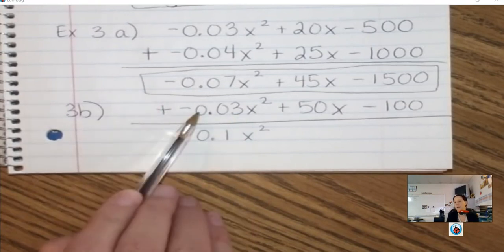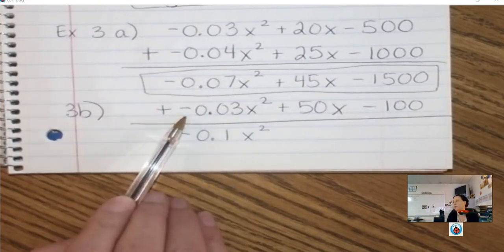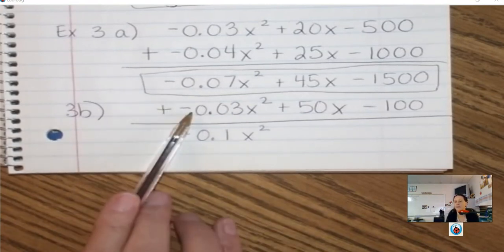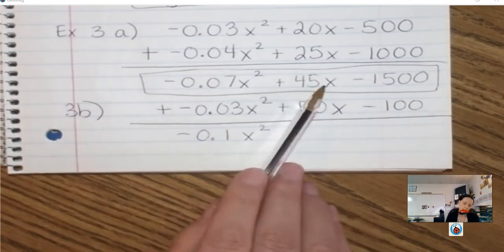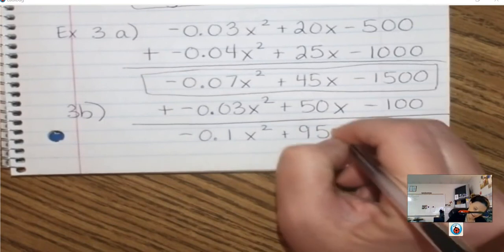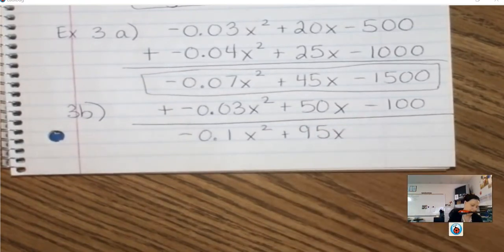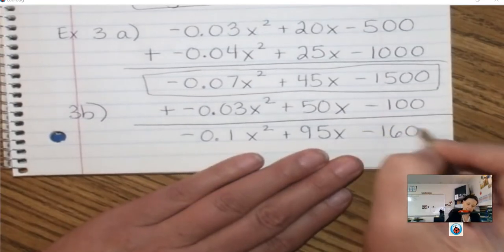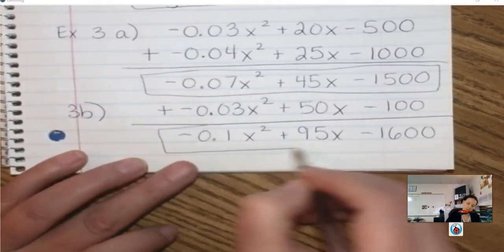Yeah, because I know that adding a negative is the same as subtracting. So I probably said subtracting, but it's adding the minus. 45 plus 50, that's 95 x's. And then negative 1,500 plus negative 100 is negative 1,600. And there's your final answer.